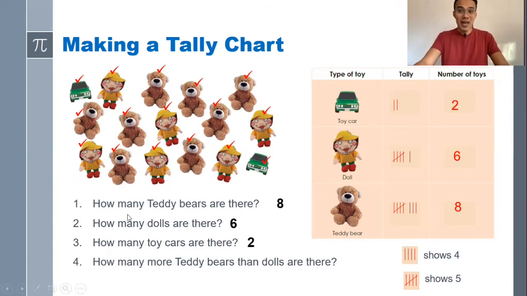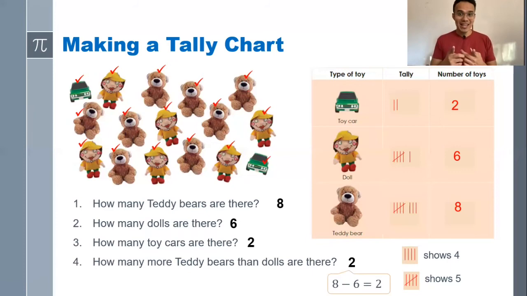The number of teddy bears and the number of dolls. How many teddy bears are there? There are 8 of them. How many dolls? There are 6 of them. So all you have to do is subtract those 2 numbers. 8 minus 6 is 2. Therefore, there are 2 more teddy bears than dolls in the given picture.